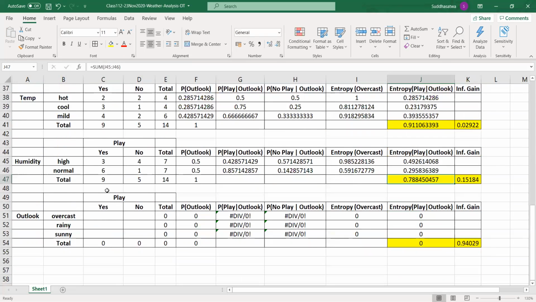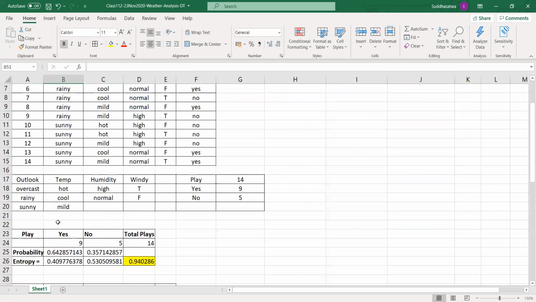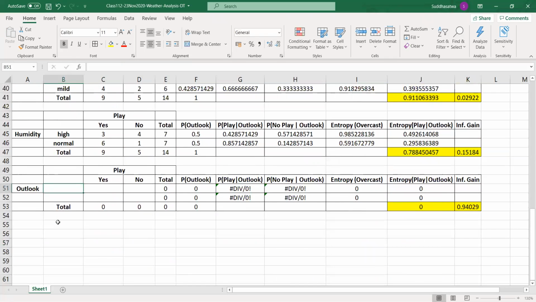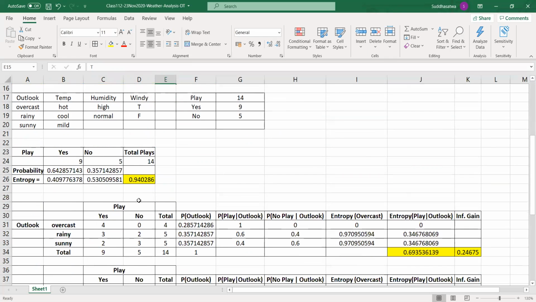What is the last one? Windy. In windy also I have two values, true and false. For windy being true, it is 3 comma 3.